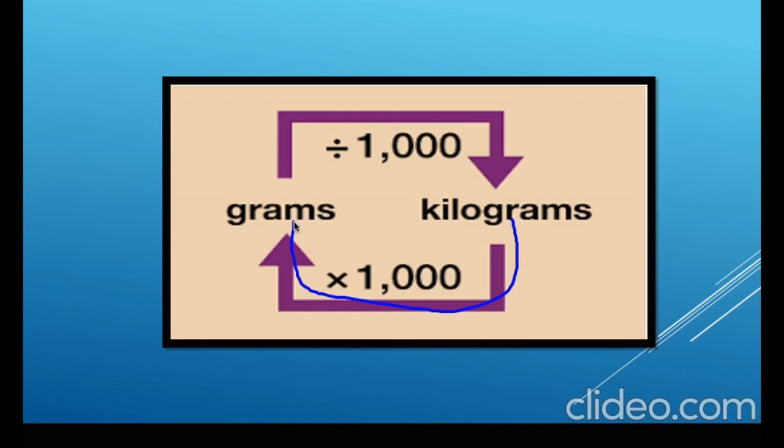Whenever we want to transfer a big unit to a small unit, we multiply. But we cannot multiply by any number. Here, we will multiply by 1,000. And if we want to convert from the small unit to the big unit, we divide. When we multiply by 1,000, we should divide by 1,000 in the opposite direction.